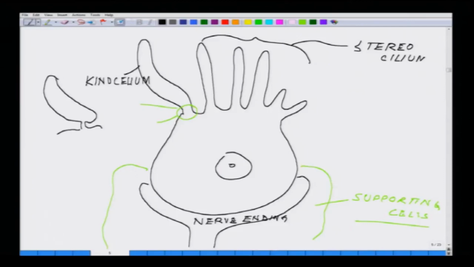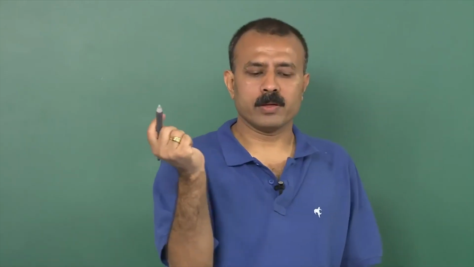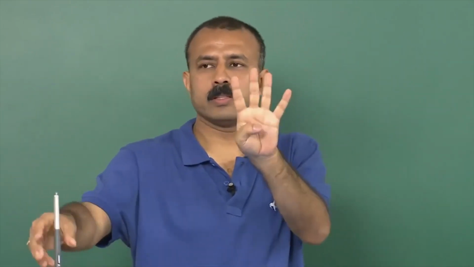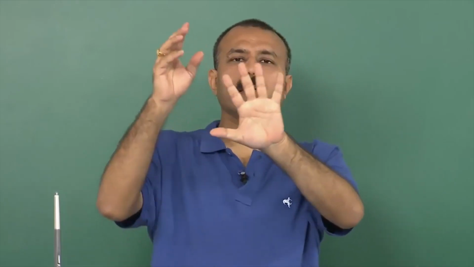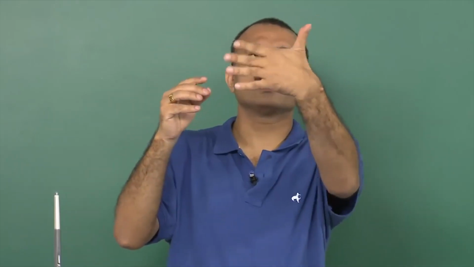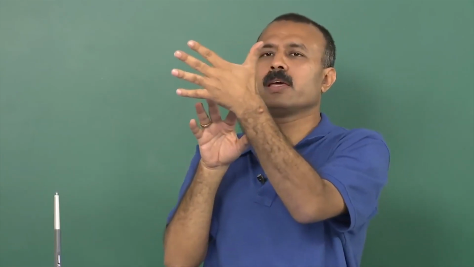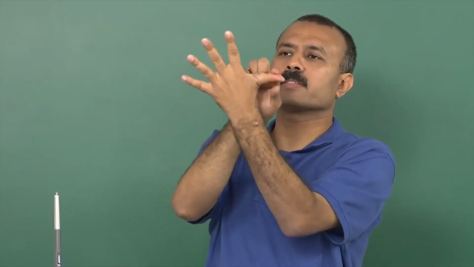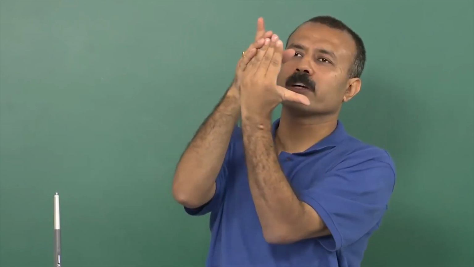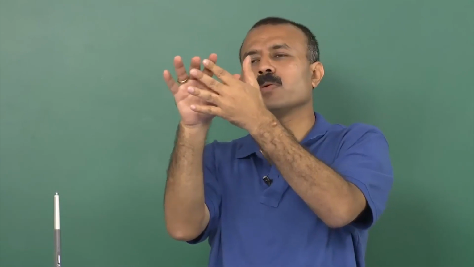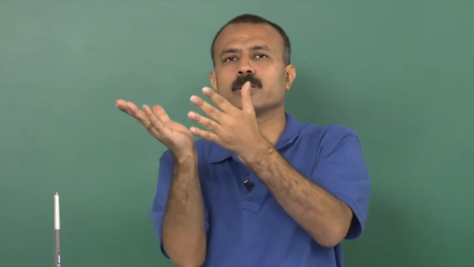It is narrow, something like this. Depending on which direction the kinocilia is moving, all the stereocilia will move in that same direction. For example, imagine these are the hair, this is the kinocilia and these are the stereocilia. If the kinocilia bends like this, all of them will bend in this direction, and if the kinocilia bends in that direction, all of them will bend in the other direction.